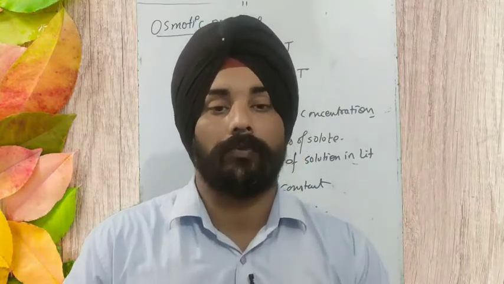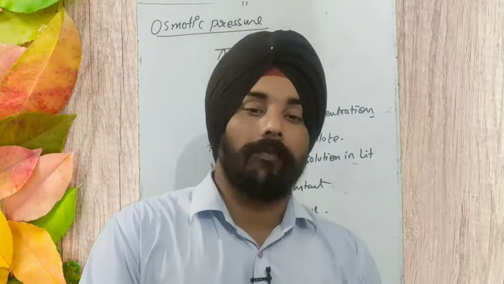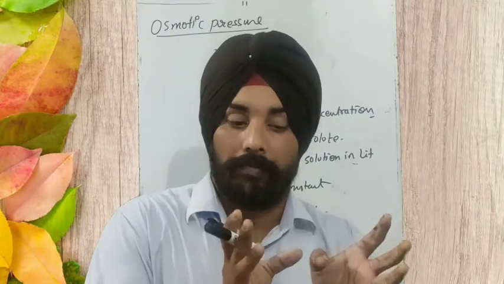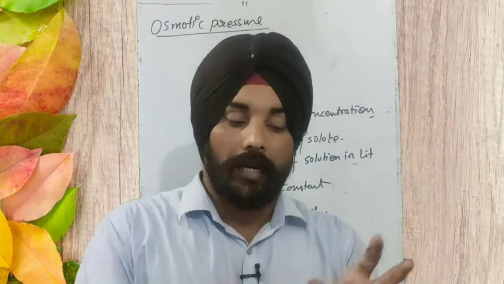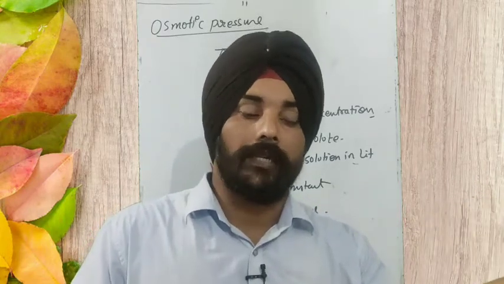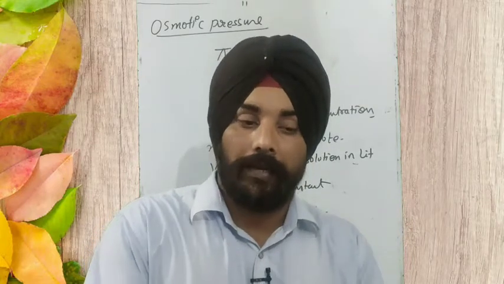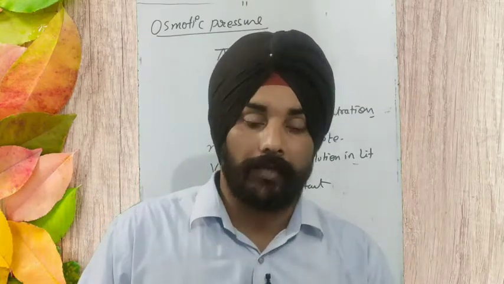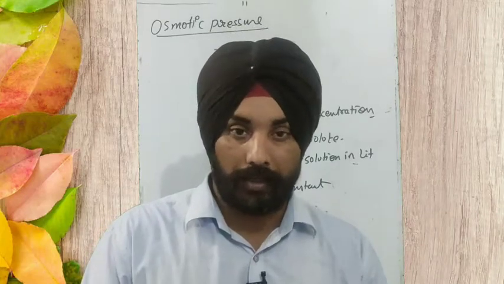Instead, we take osmotic pressure to measure the molecular mass of biomolecules, because on changing their temperature their properties are going to change. So osmotic pressure is the property which we measure at a constant temperature. We are not going to change the temperature.